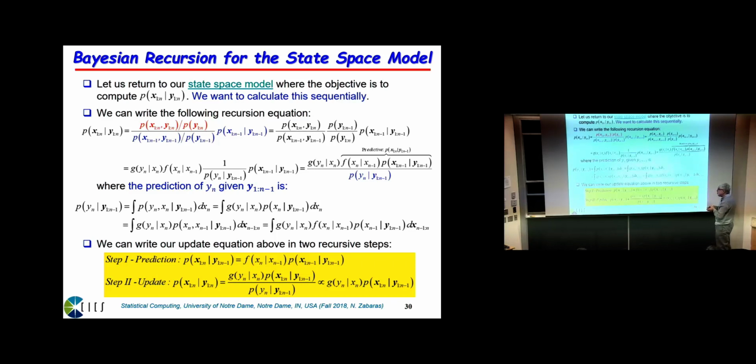And then, given all my data, to update x1 to n, the only thing you have to do is take this predicted distribution and multiply with the observation model at yn, at time n, and that's it. Okay? So these two equations are actually the most popular recursive equations in state space models.